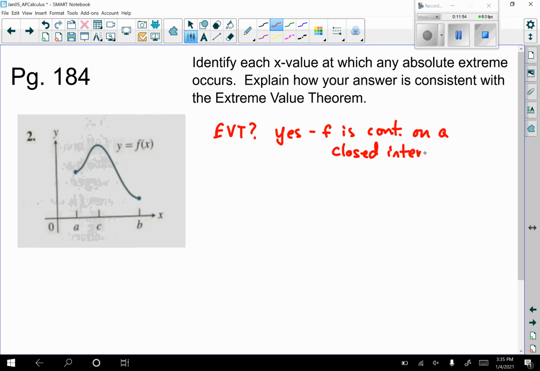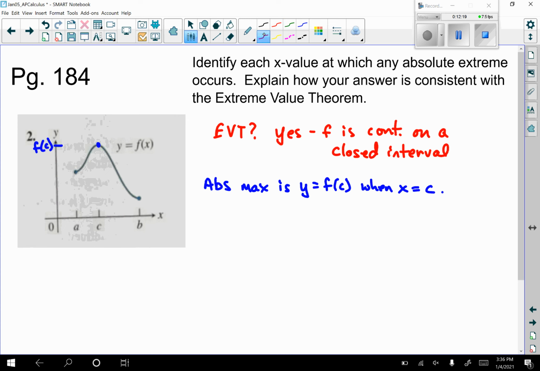So we are guaranteed an absolute max and an absolute min. So let's go ahead and find them. Our absolute max would occur at the highest y value point. That happens when x is c, so that would make this f of c. So we would say our absolute max is y equals f of c when x equals c.